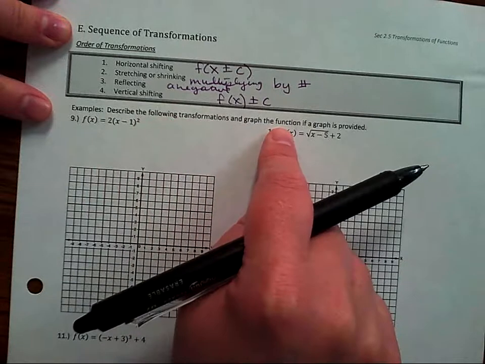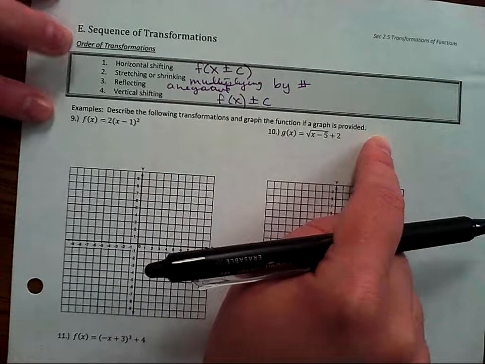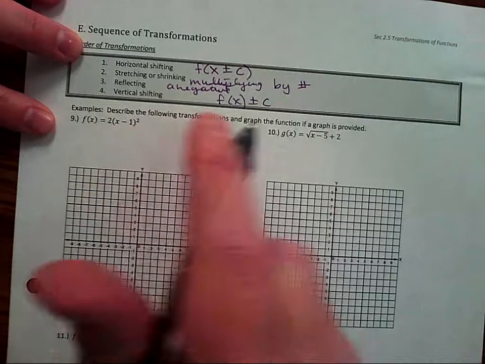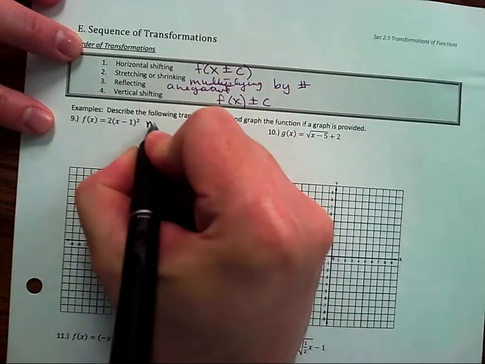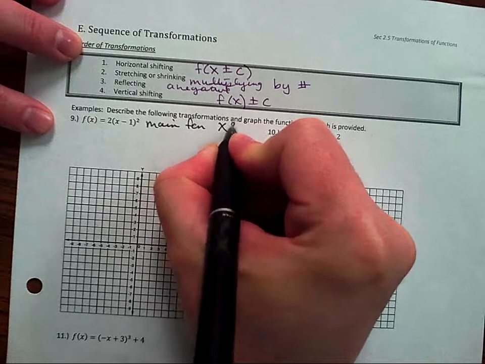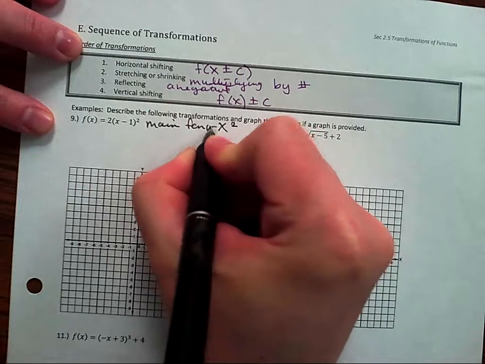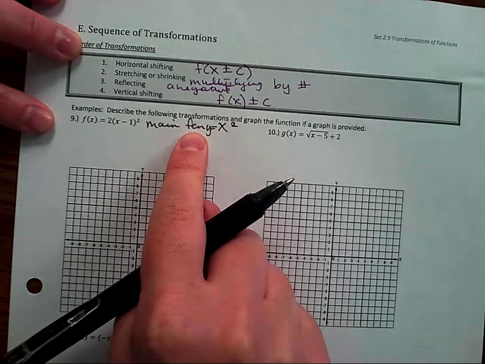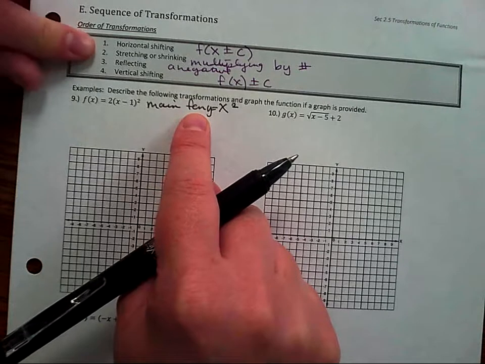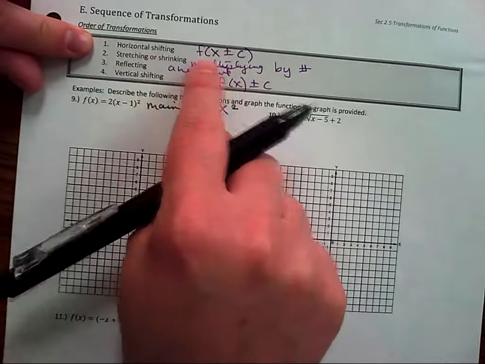Okay, so describe the following transformations of the graph provided. So I have f of x equals 2 times (x minus 1) squared. So what's my main function? Main function is y equals x squared, right? Sometimes I write function as FCN. So first I'm going to look for horizontal shifting.